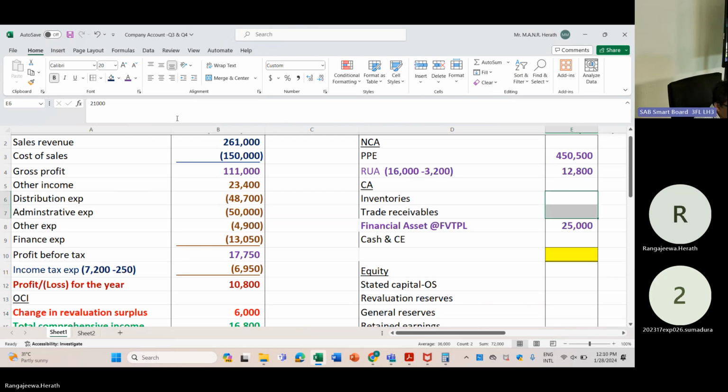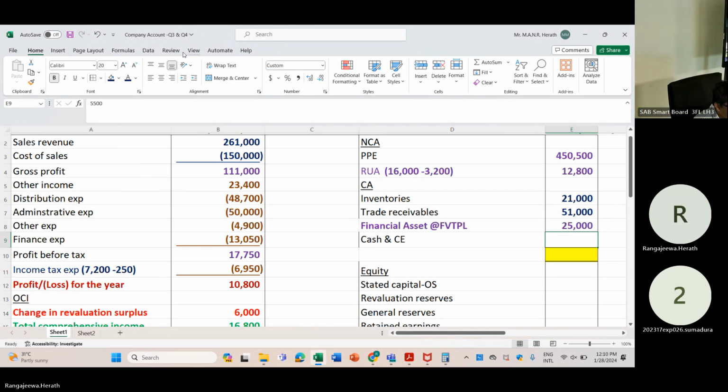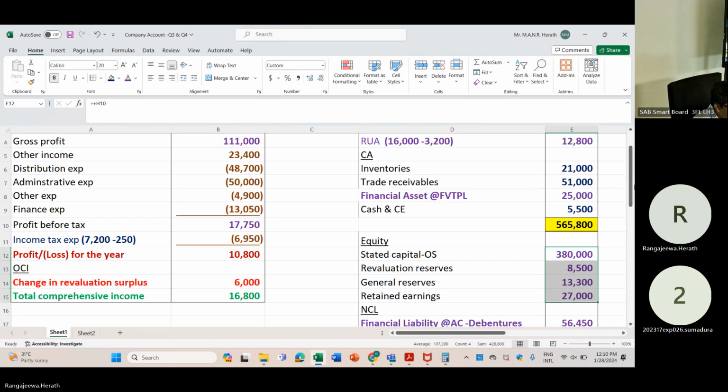Then inventory, trade receivable, cash, just take from the trial balance figure. When we total the statement of changes in equity, we can bring that balance to the balance sheet. This profit goes and is added to retained earnings, right?